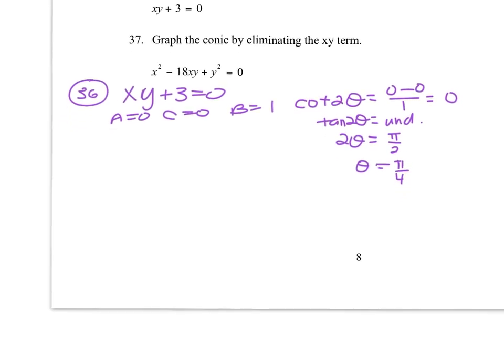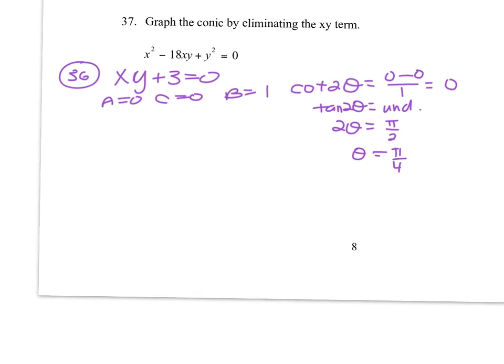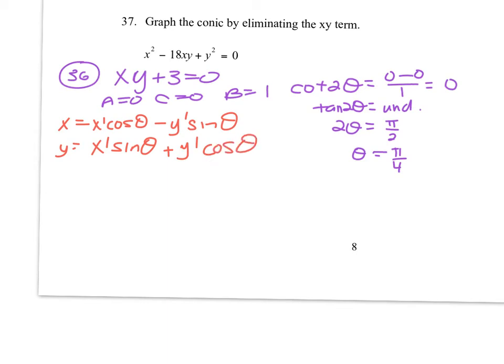So now we know what theta is, and then we've got to find x and y. So x equals x prime cosine of theta minus y prime sine of theta, and y equals x prime sine of theta plus y prime cosine of theta.